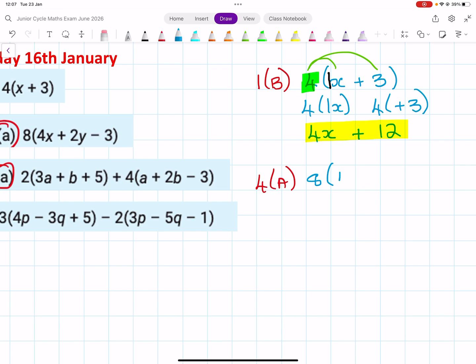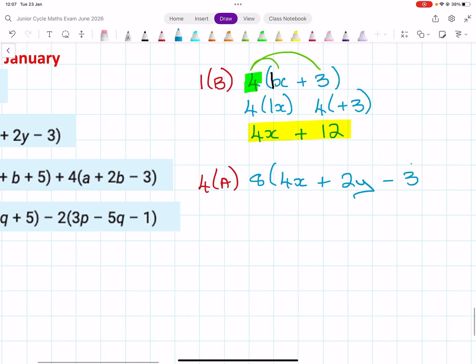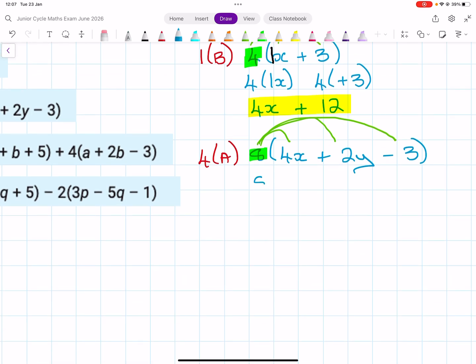The second one is 8 times 4x plus 2y minus 3. So I'm going to multiply the 8 by each bit of the bracket. So I'm going to multiply the 8 by the 4x, and then I'm going to multiply the 8 by the plus 2y, and then I'm going to multiply the 8 by the minus 3.